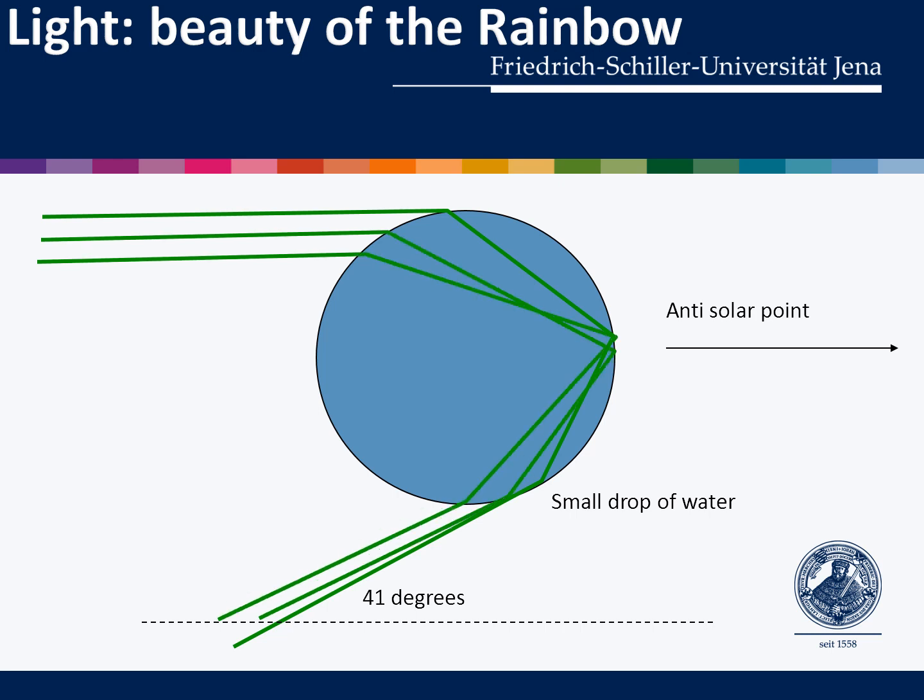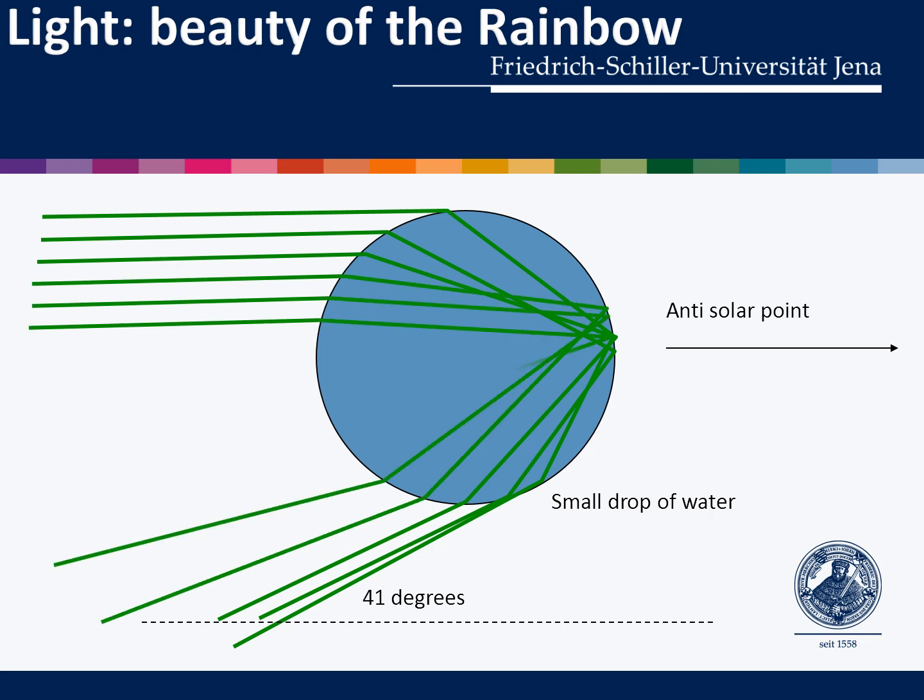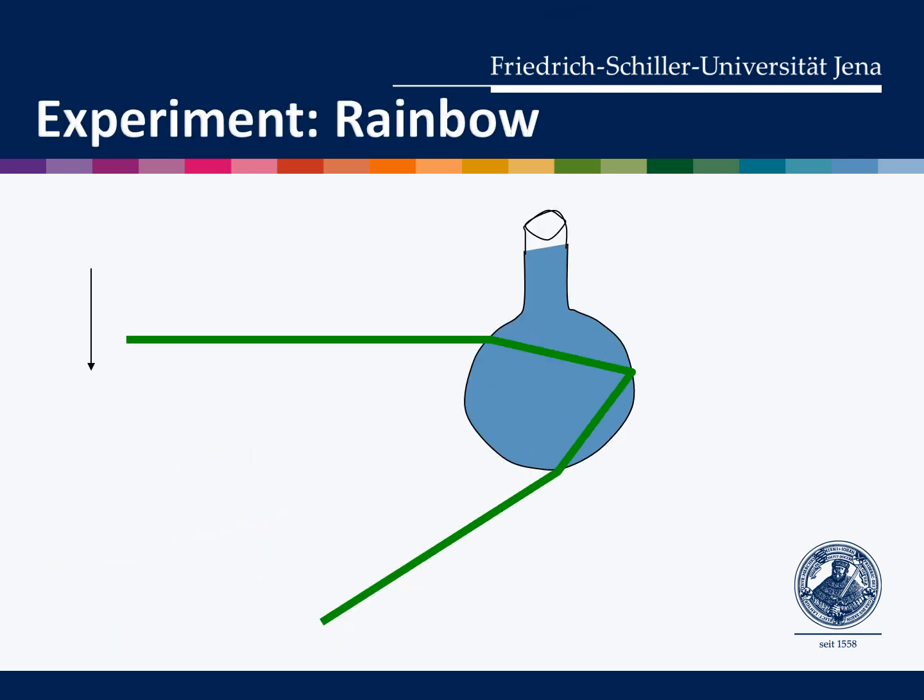So you see here the same phenomenon of extremum, just at a slightly different angle because it is a slightly different refractive index. So this effect of extremal position of the perceived light we will now explore in an experiment.